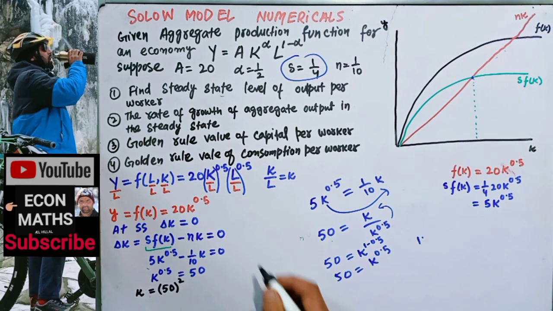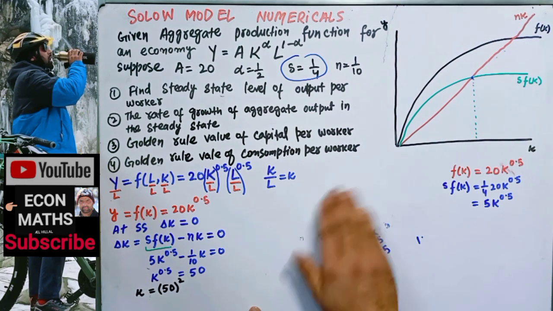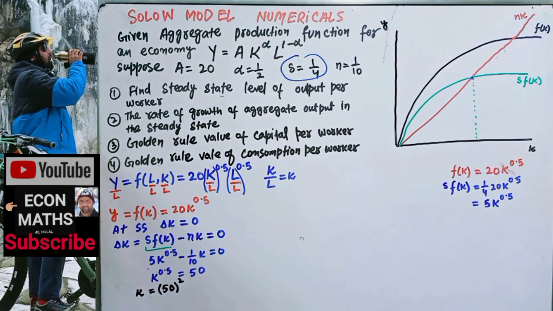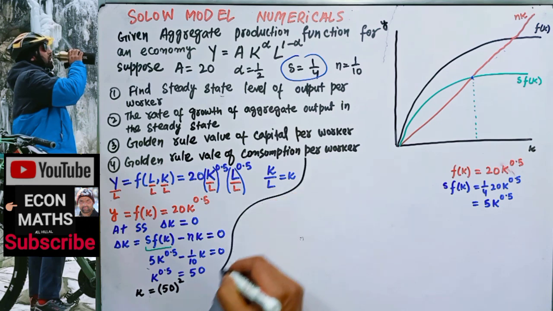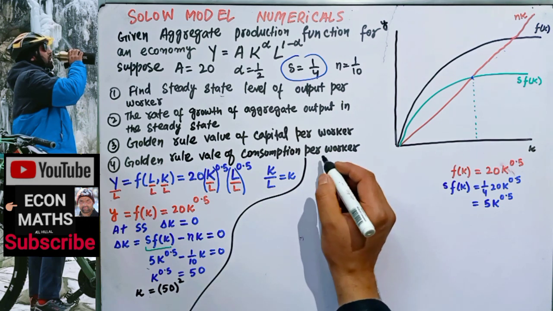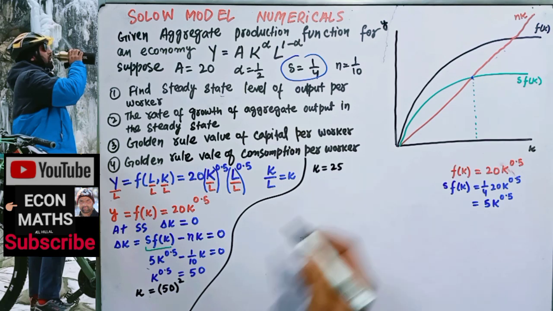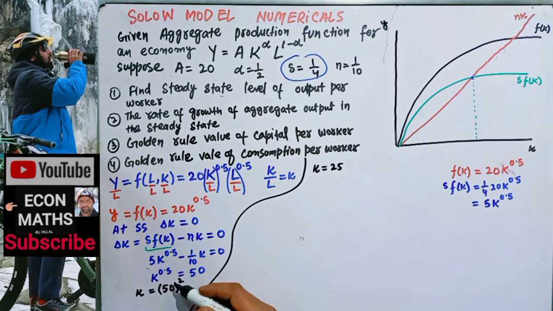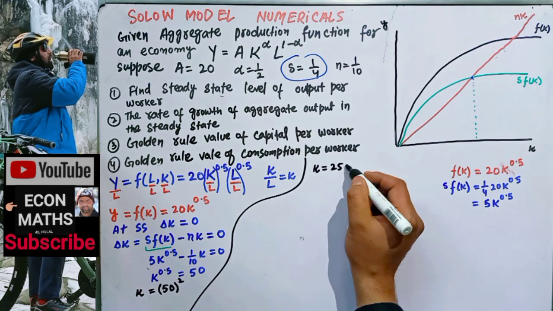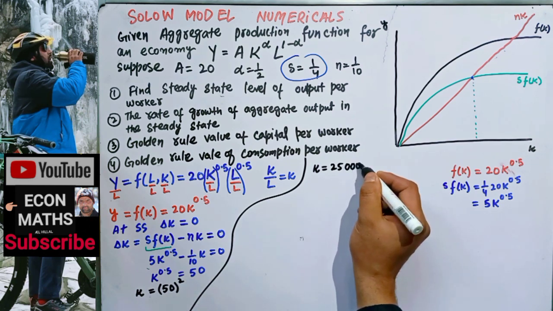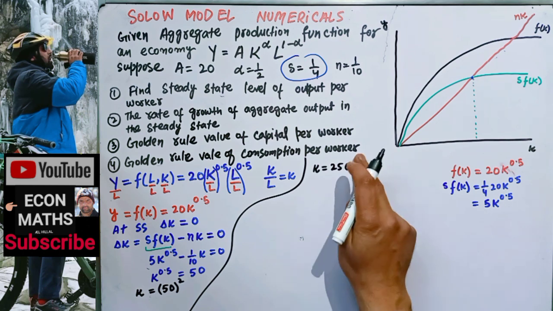So k will be equal to 50 times 50, which is 2500.